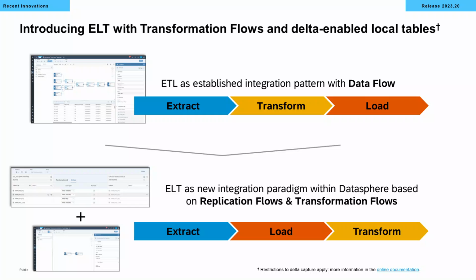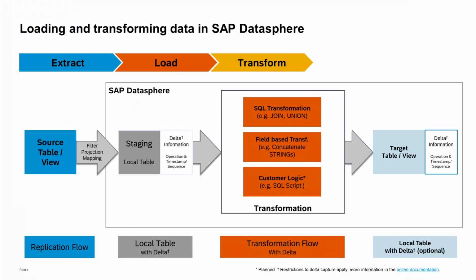In ETL, with the data flows, if your transformation logic changes, that a lot of times meant that you had to go back and extract again in order to load this. This is a conceptual change from ETL to ELT, which we will allow with a combination of replication flow and transformation flows.